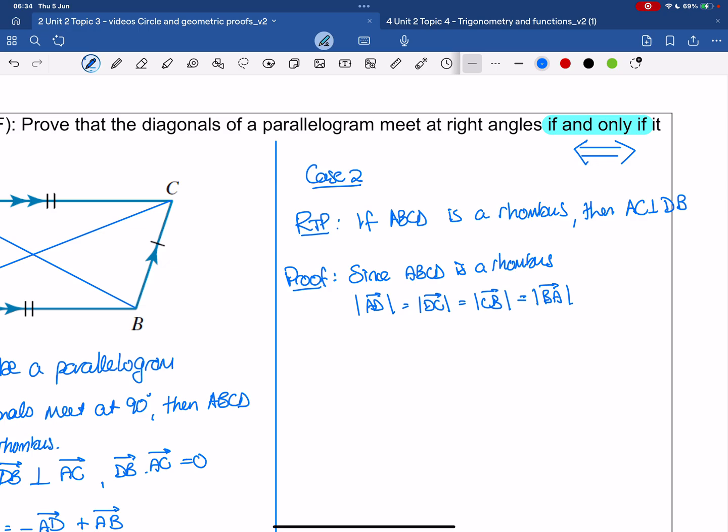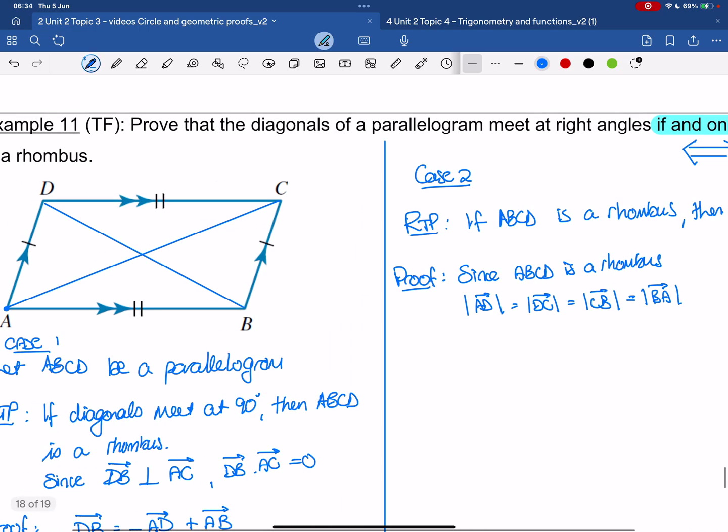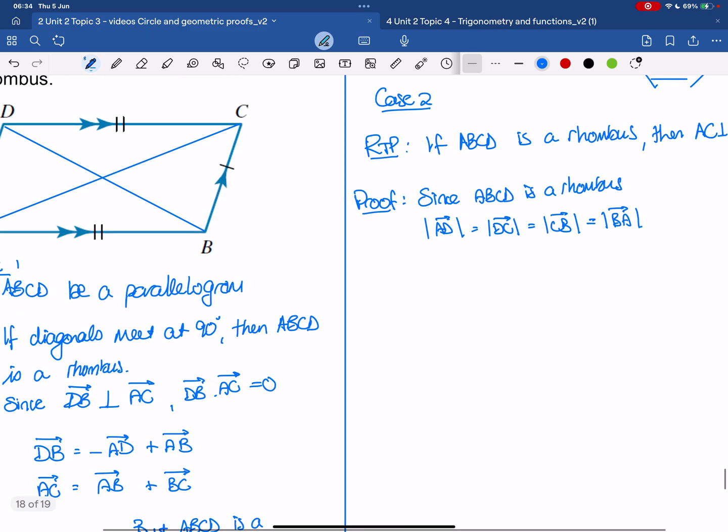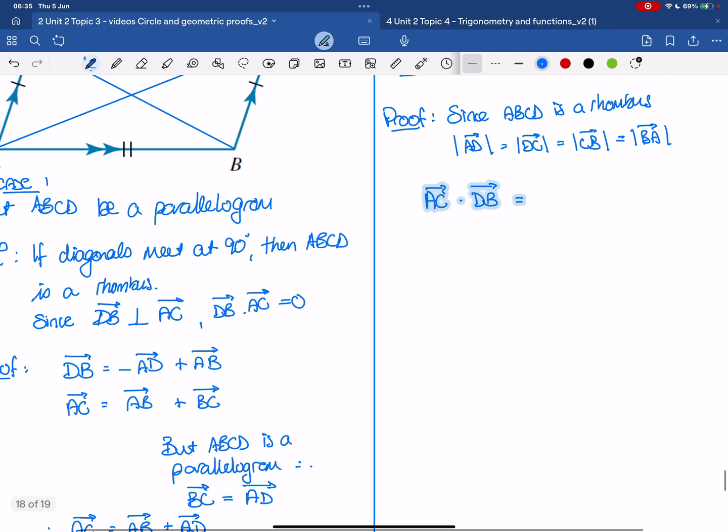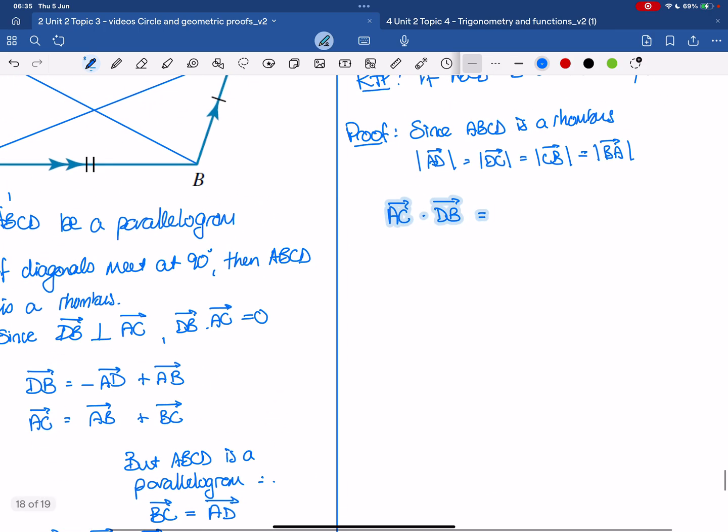Okay, and if I took the dot product of my diagonals, so AC dotted with DB, well, I've already set up before that AC is going to be AB plus BC.